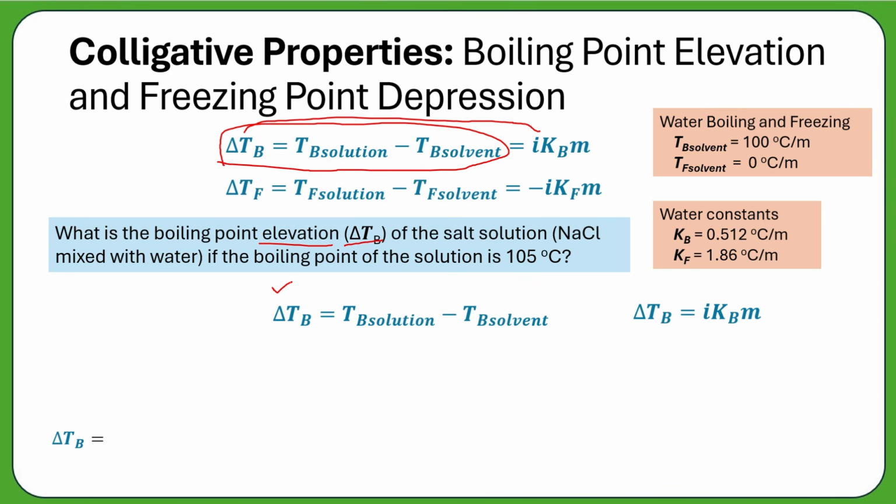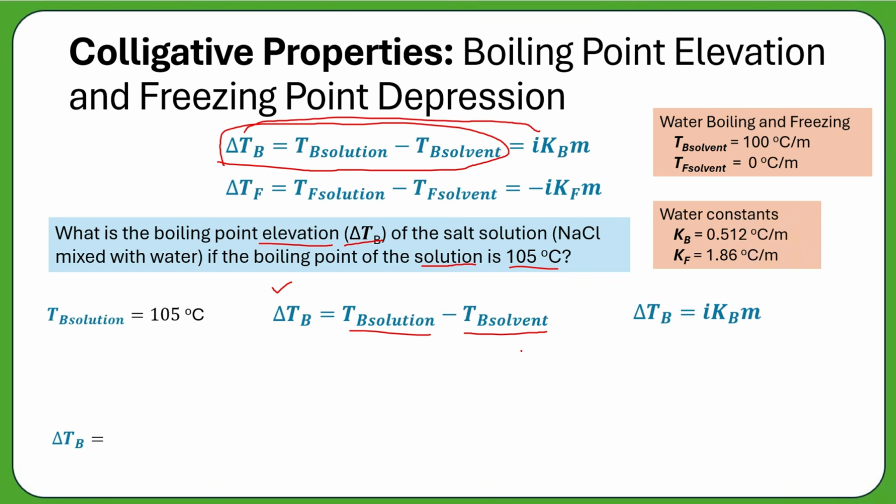If we're going to use this, do we have the new temperature? Yes, we have the new temperature, 105 degrees Celsius, because it says the boiling point of the solution, which means the new boiling point. Question is, do we have the original boiling point?